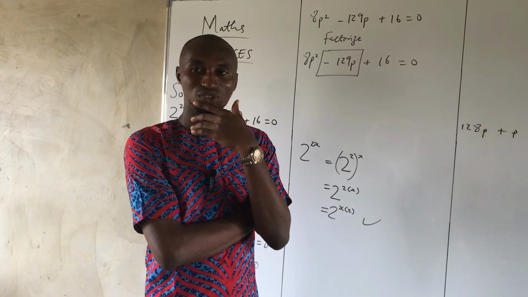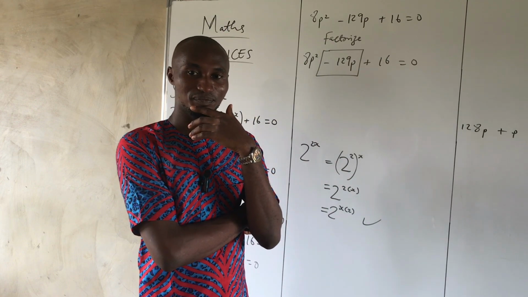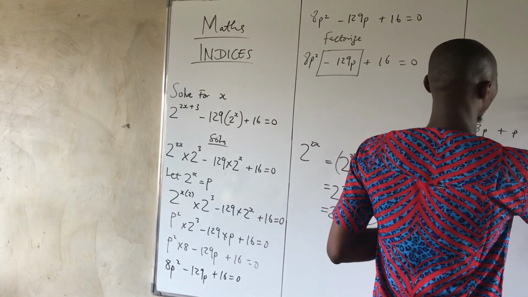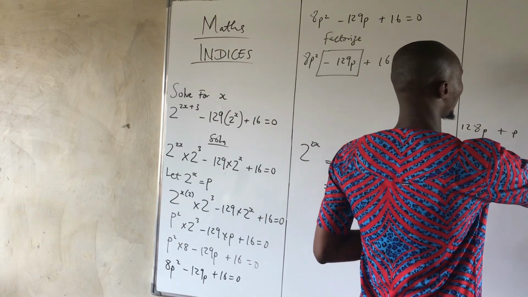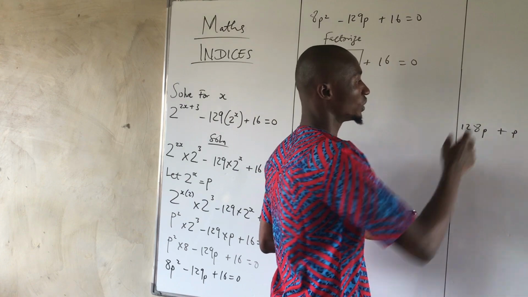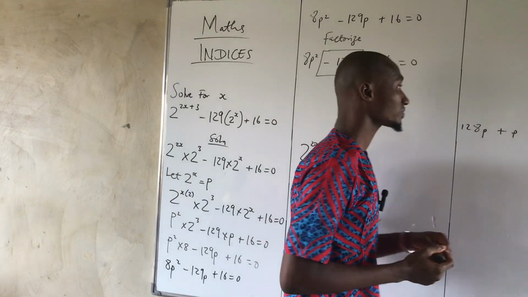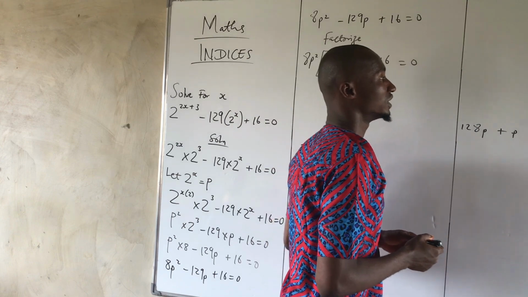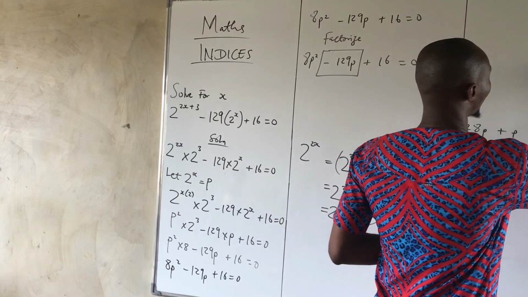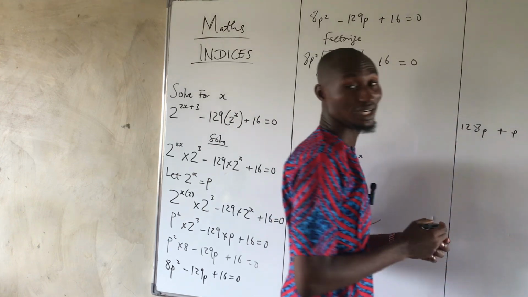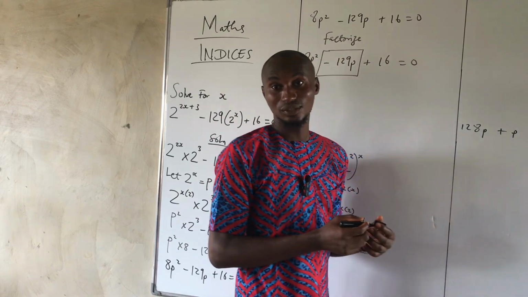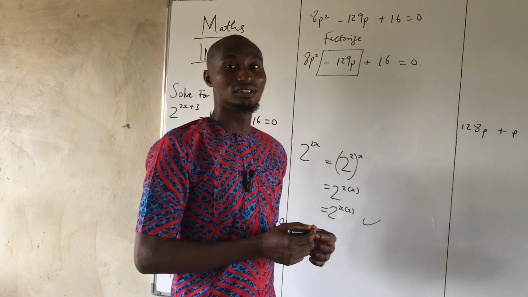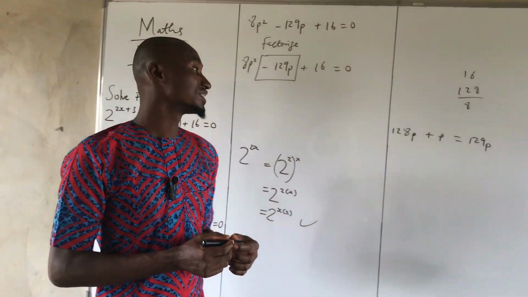If 8 divides 128, what is it going to give us? 128 divided by 8 will give us 16. We have 16.